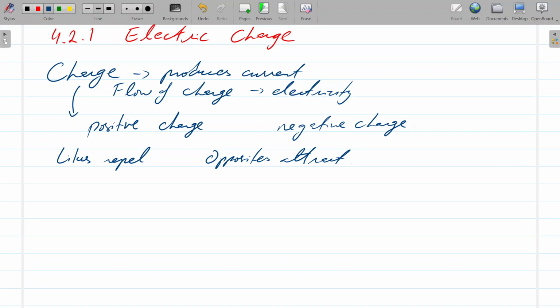And so in this case, if you have two positive charges, they will, sorry, wrong arrow, repel.